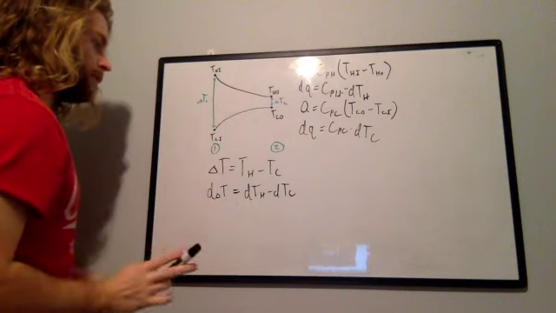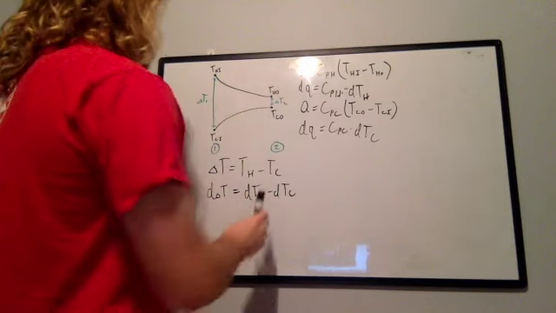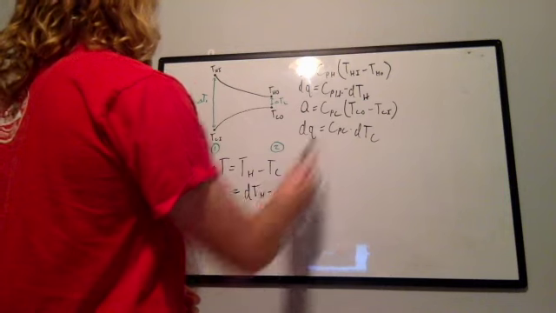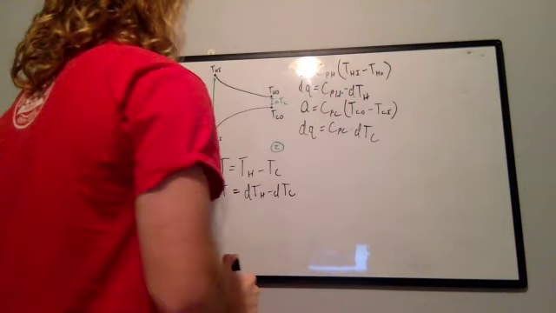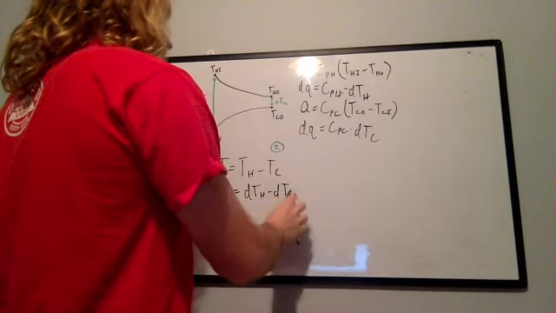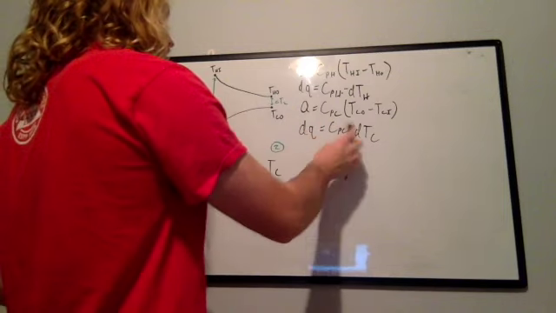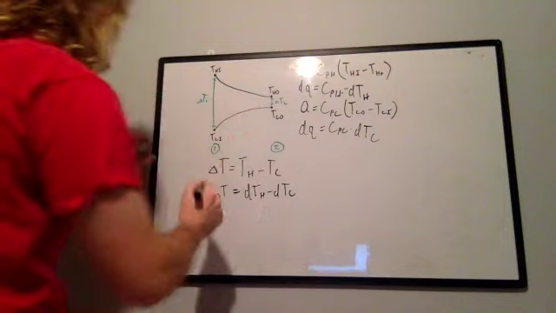So we'll go ahead and do that now. All right, so our dTH is going to become a negative dQ over CPH, and then this dTC is going to become positive dQ over CPC. So we'll go ahead and write that out.